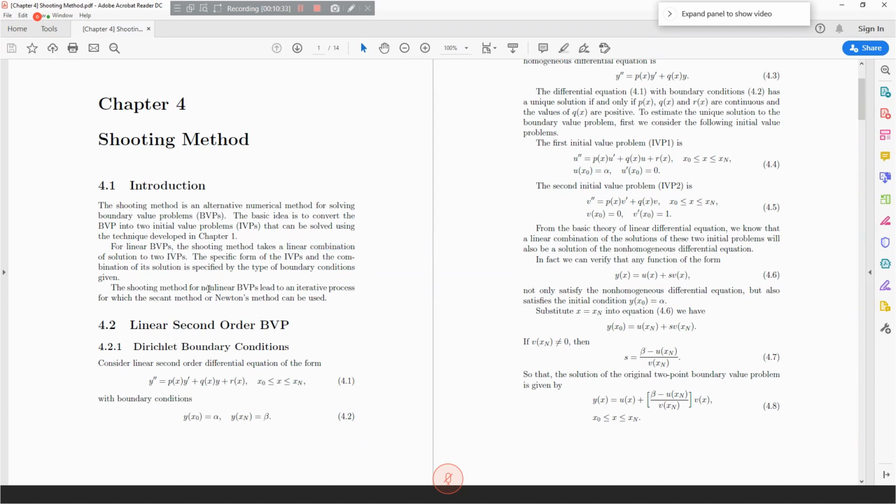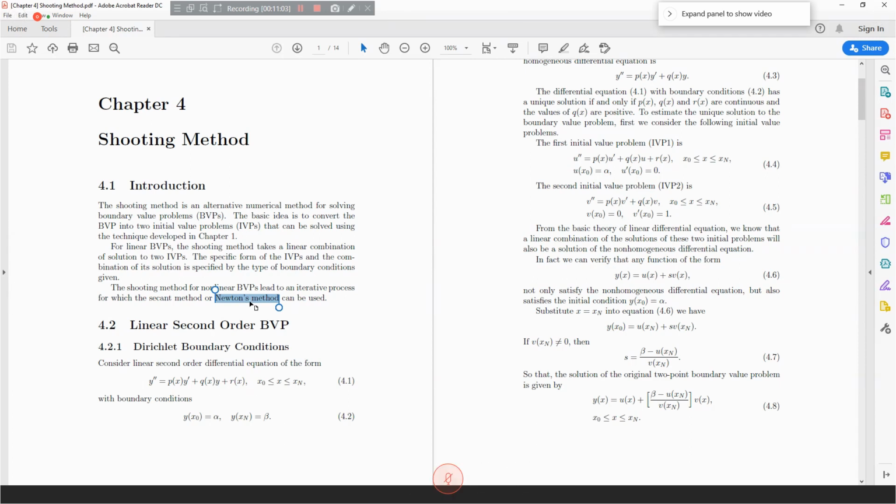For a non-linear boundary value problem, this leads to an iteration process, which you can solve using the secant or Newton's method. The secant method is new here, and the same goes for Newton's method, because bear in mind this Newton's method is not similar to Newton's method in chapter 2.